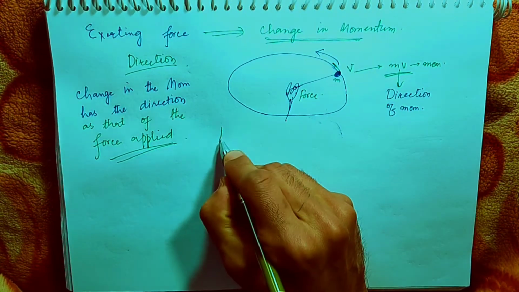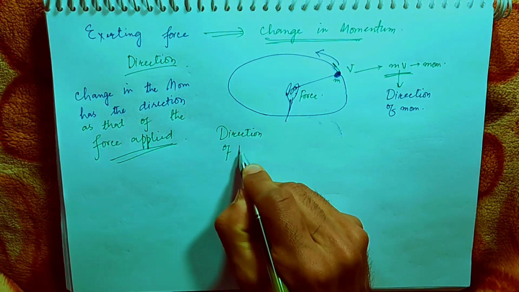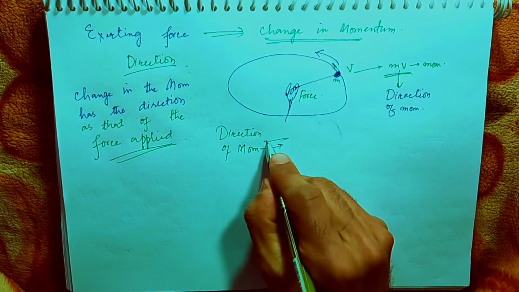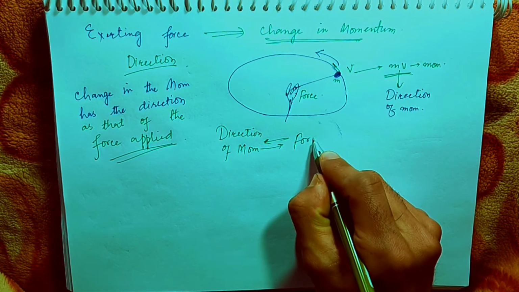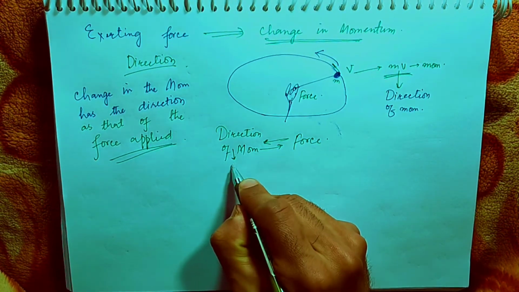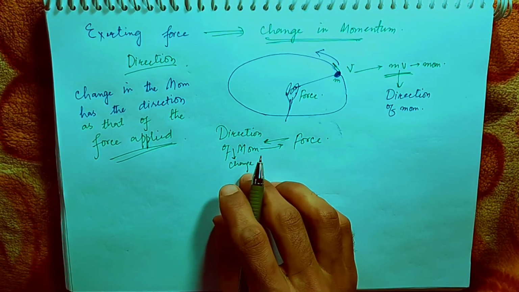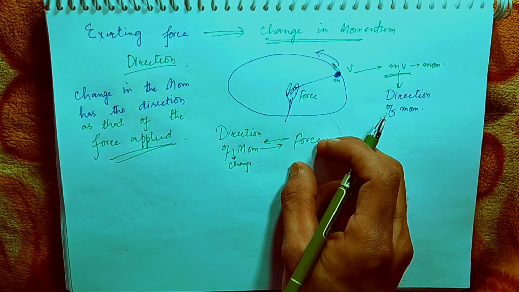So that means direction of momentum is the direction of force, or I can reverse it here. Direction of force gives the direction of the change in the momentum. Sorry, it's not the momentum, it's the change in the momentum. So the change in the momentum direction is given by the force applied.